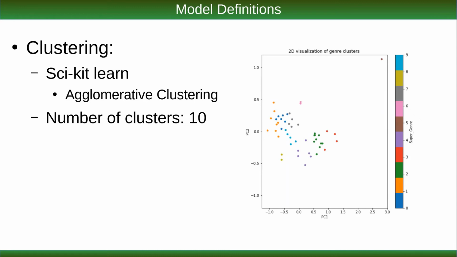For the clustering, I used scikit-learn's agglomerative clustering. The number of clusters that optimize key performance indicators was 10. And here on the right hand side, a two-dimensional visualization shows a good balance of the genres in the basis set.